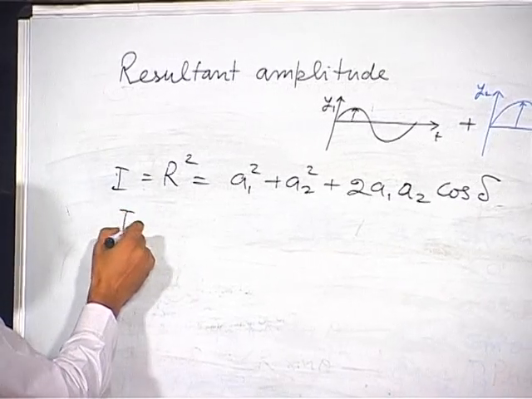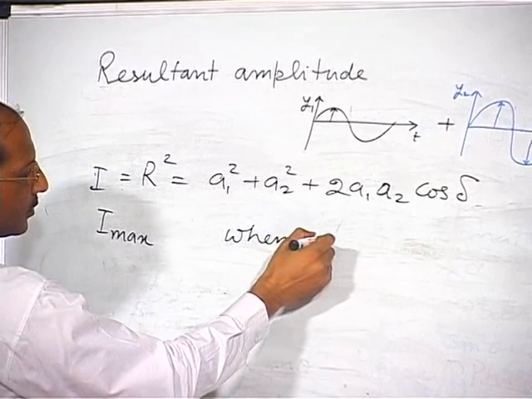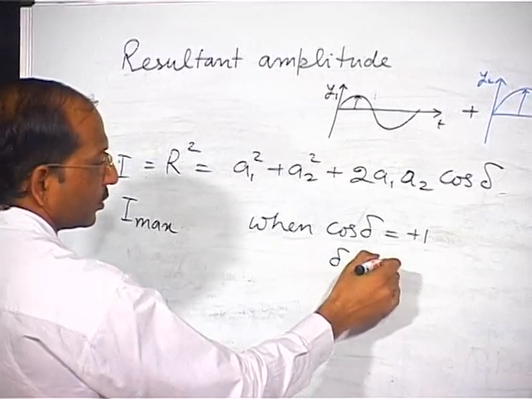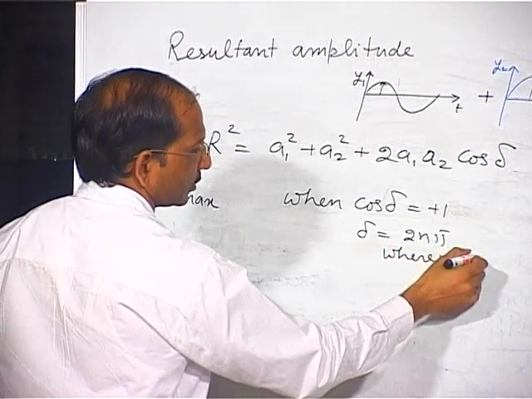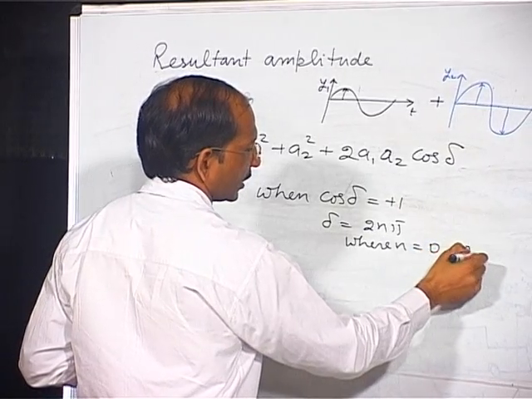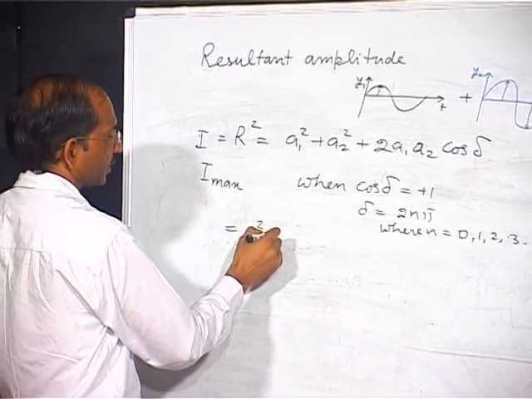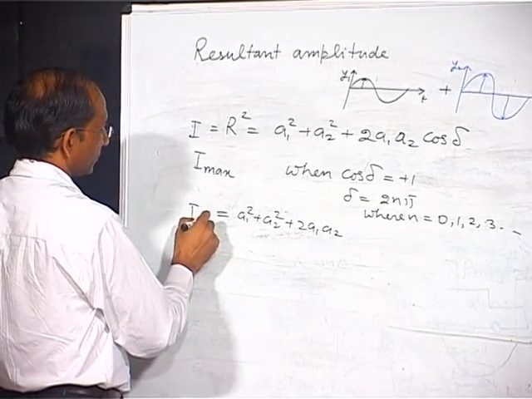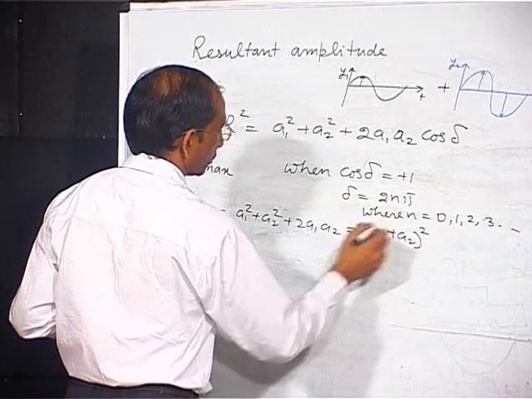This intensity will be maximum when cos delta is equal to plus 1, and this is possible only when delta is equal to 2 n pi, where n is equal to 0, 1, 2, 3 and so on. So, I maximum is equal to a1 square plus a2 square plus 2a1 a2, and that is equal to a1 plus a2 whole square.